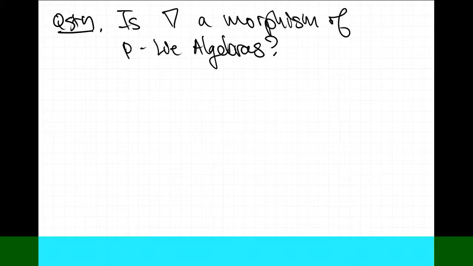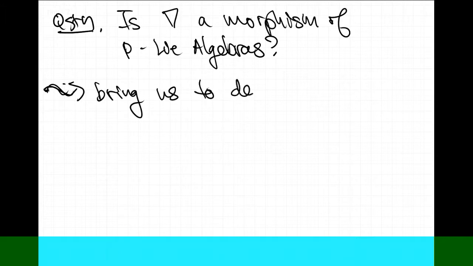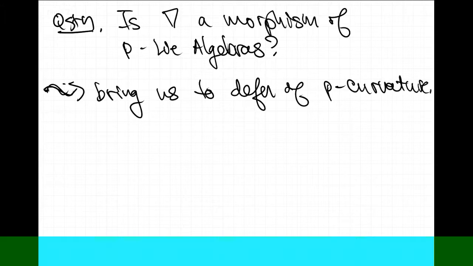Okay, and this brings us to the definition of p-curvature. So with the setup as above, we can make the definition.